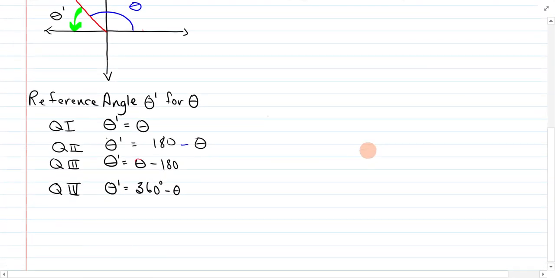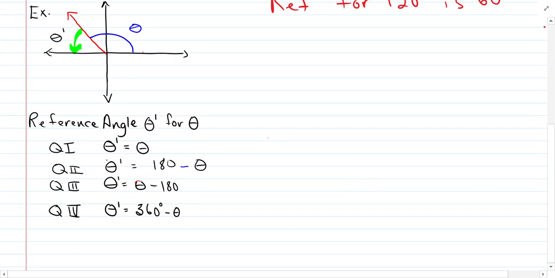So here are the rules. In quadrant 1, theta prime is the same as theta because they're all acute there anyway. In quadrant 2, you subtract theta from 180. In quadrant 3, did I have that wrong?